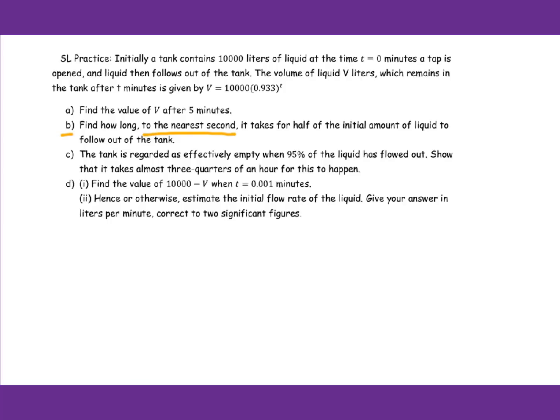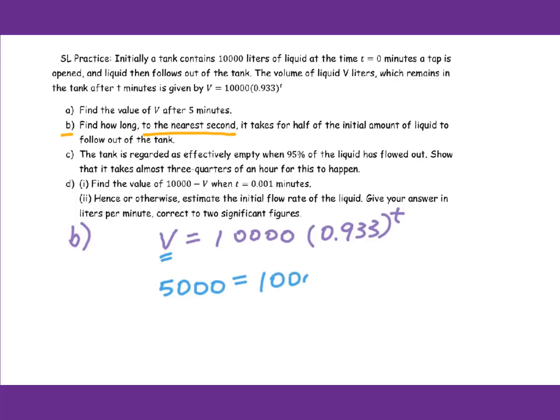In other words, for V equals 10,000 times 0.933 to the t's power, we know this V will be 5,000. So 5,000 equals 10,000 times 0.933 to the t's power.